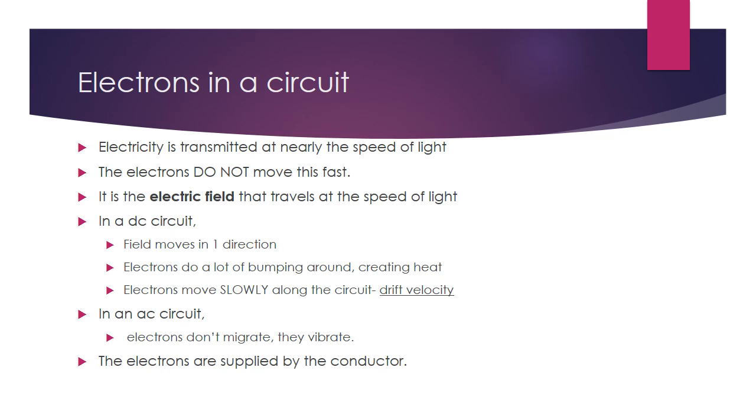They only vibrate. And keep in mind that the electrons, because they're not moving, have to already be there, right? So they are supplied by the conductor. The wiring that you bought when you bought the lamp came with its own electrons. So that's where the electrons are coming from. They are already in the conductor. So when you plug it in, you're not getting electrons from the power company.